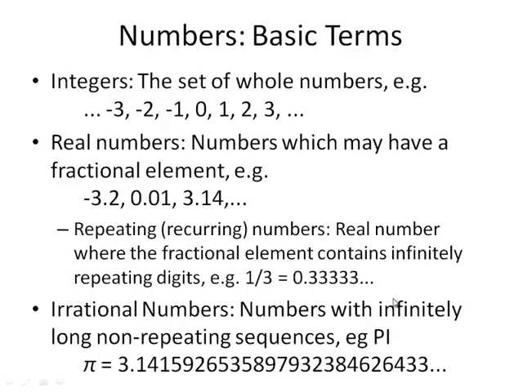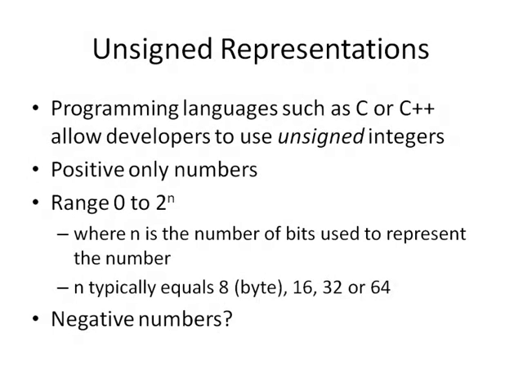Irrational numbers are a bit more awkward, numbers with infinitely long sequences, for example pi. Pi is a ratio that relates the radius of a circle to its circumference, but as you can see here it's a never-ending sequence, and it's a non-repeating sequence. And that can create a big challenge for how you accurately represent a number like that.